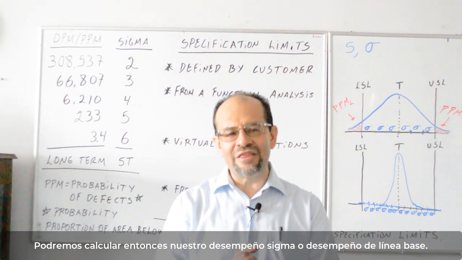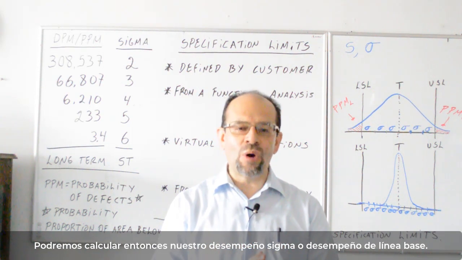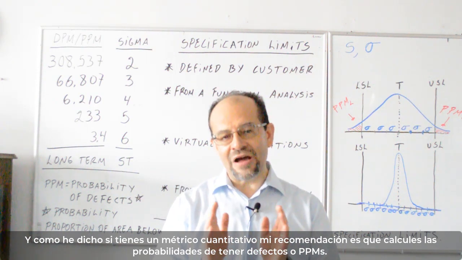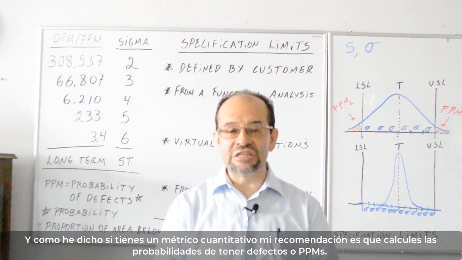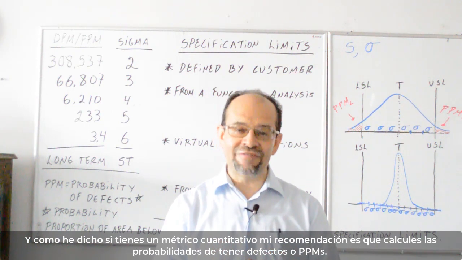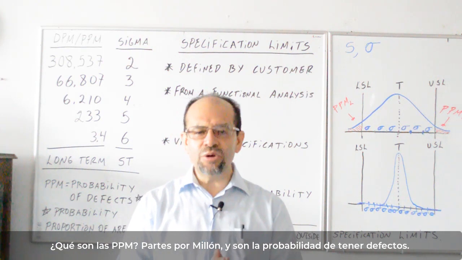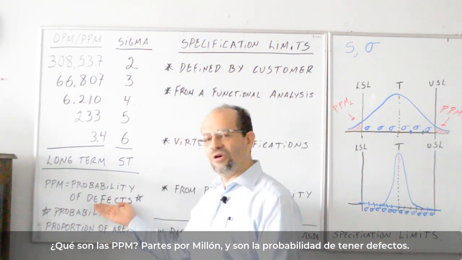We have to calculate then our sigma performance, our baseline performance. If you have a quantitative metric, the recommendation is that you calculate the probability of having defects. What is the PPM? Parts per million, and the PPMs are the probability of defects.